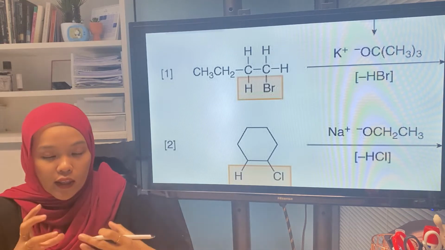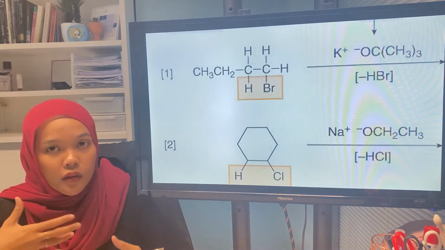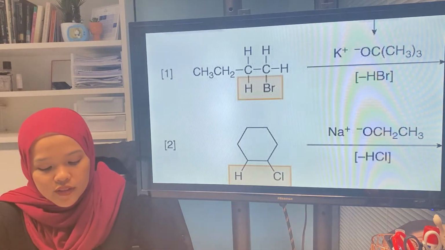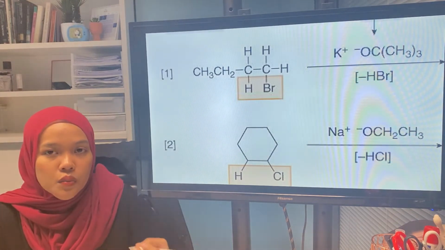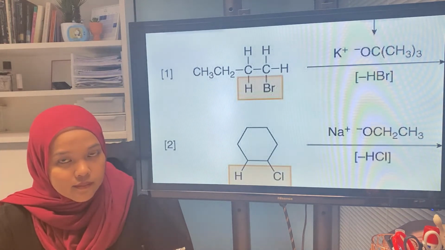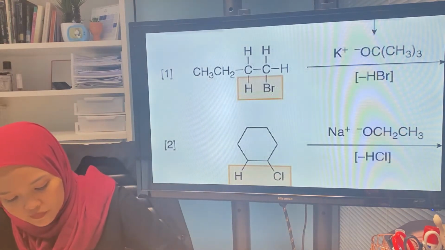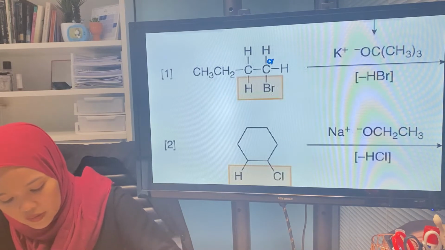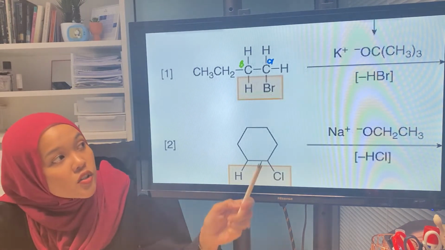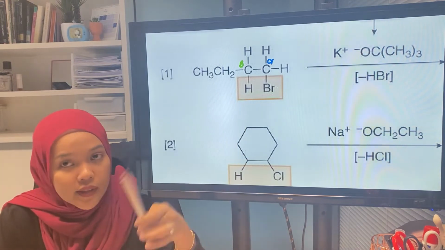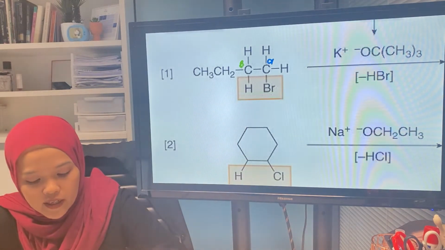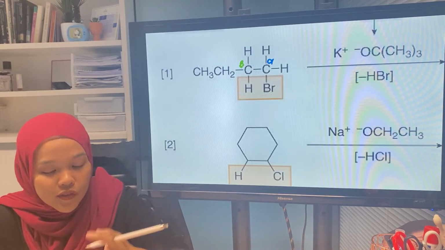When you look at the reactant, your alkyl halide, first of all, indicate which one is your alpha carbon and which one is your beta carbon. This is alpha and this is beta. You see there is alpha hydrogen and beta hydrogen. The one that is being removed is the beta hydrogen.